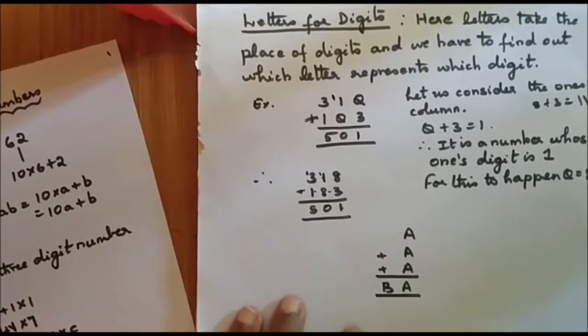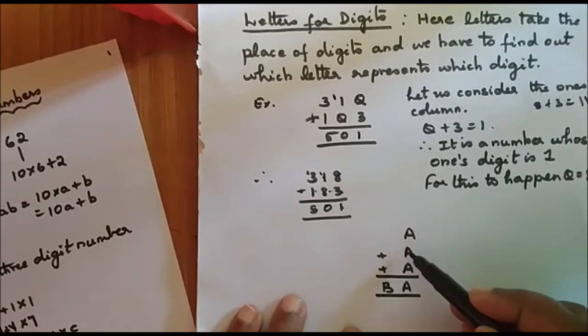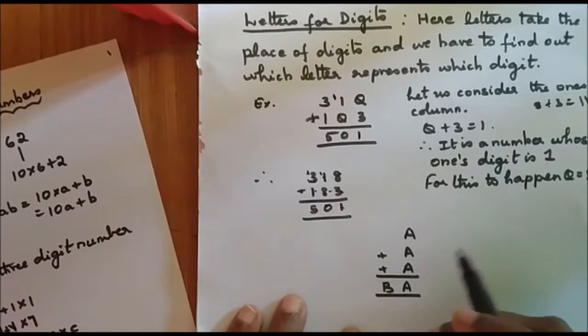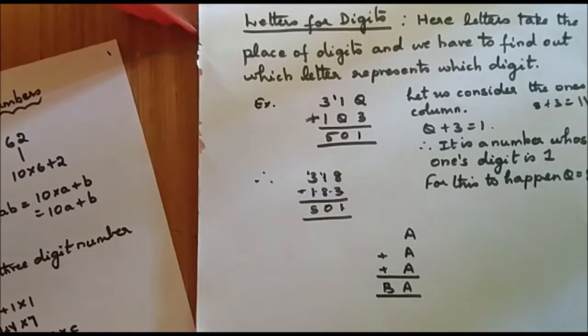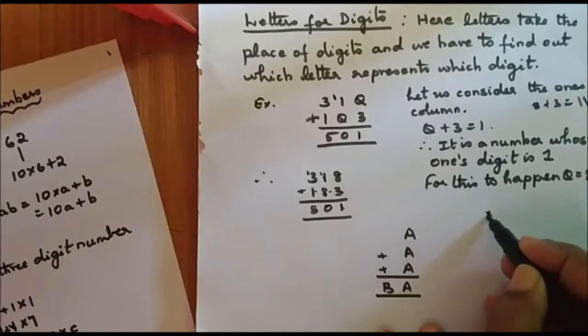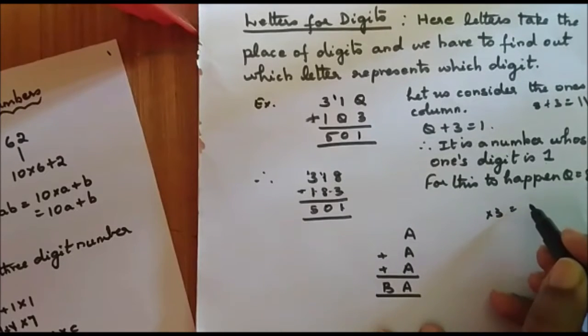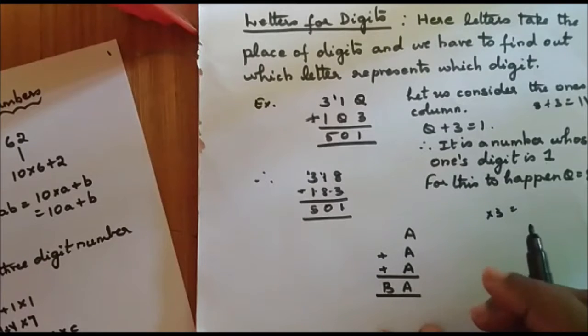Similarly, let us take the other problem. A plus A plus A is equal to BA. That is, one number which I add 3 times, I get the same number in the units place also. So which is the number which I multiply 3 times to get the same number in its units digit?